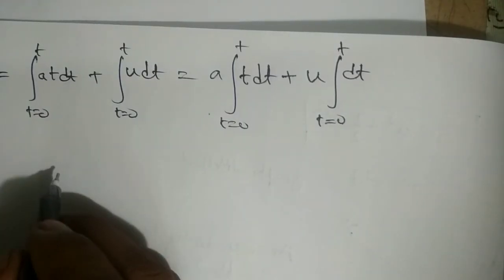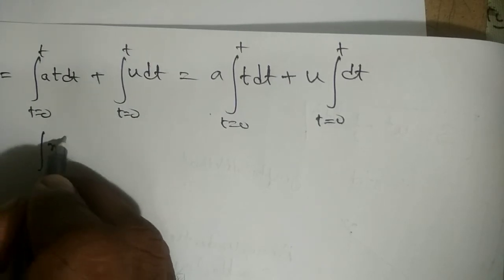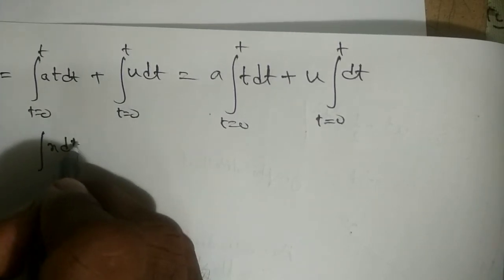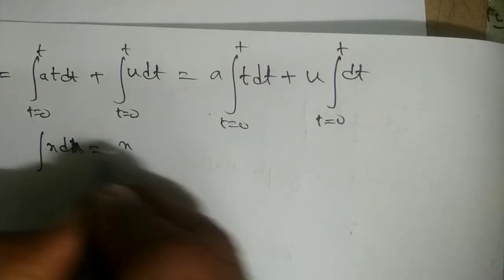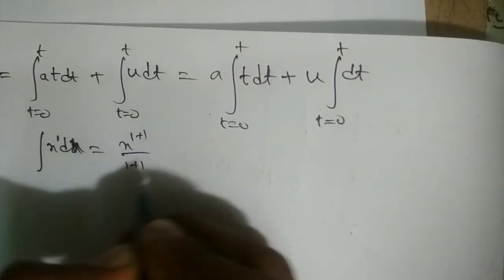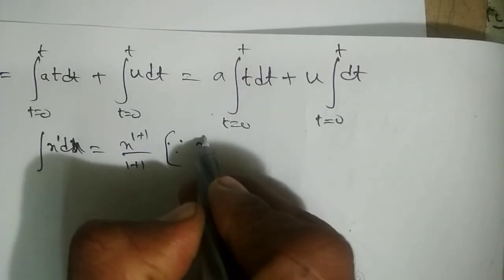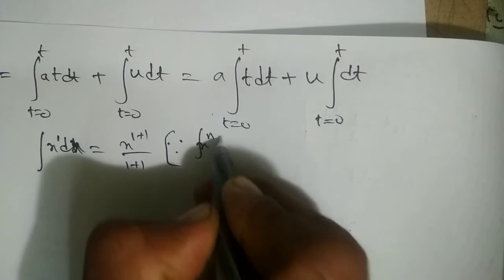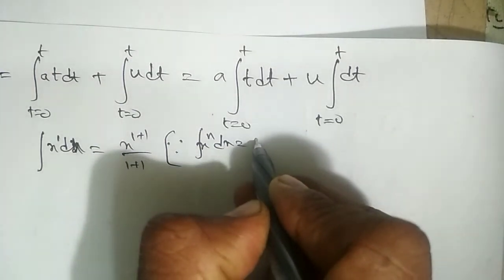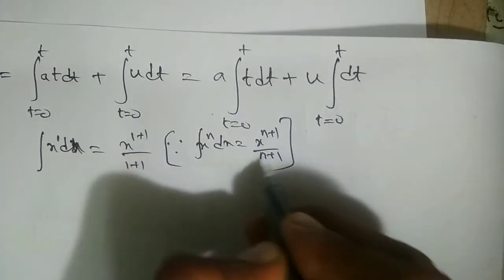Now I have to teach a base formula for integration. Integral x dx will be x power 1 plus 1 by 1 plus 1. That is because of the mathematics: integral of x power n dx must be x power n plus 1 by n plus 1.